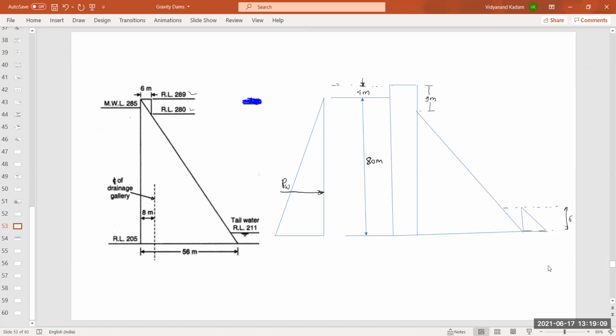Let us say PW dash, PWH dash. This is an inclined face, so there will be one more vertical component of water pressure, and that is PWV.